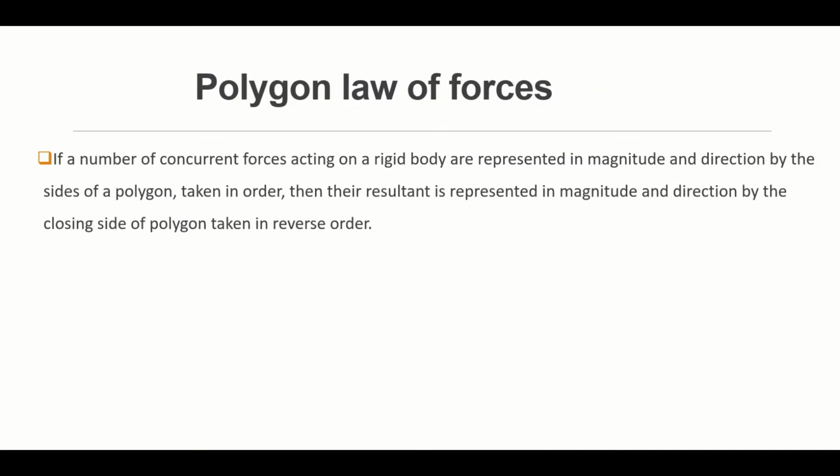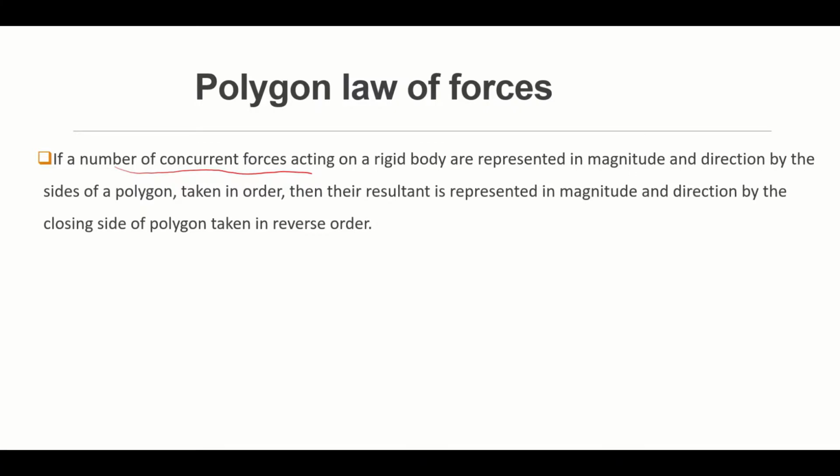Polygon law important ആണ്. Polygon law എന്ന് പറഞ്ഞാൽ like triangle law, in triangle law of forces we have specified two different forces, right? But suppose a number of forces are acting on a body and these number of forces can be represented. Concurrent force എന്ന് പറഞ്ഞാൽ acting from a point. ഇതെന്താണെന്ന് പറയാം. ഇത് അടുത്ത സെക്ഷനിലേക്ക് വരുമ്പോൾ കൺകറന്റ് ഫോഴ്സ് എന്താണെന്ന് പറയുന്നത്.